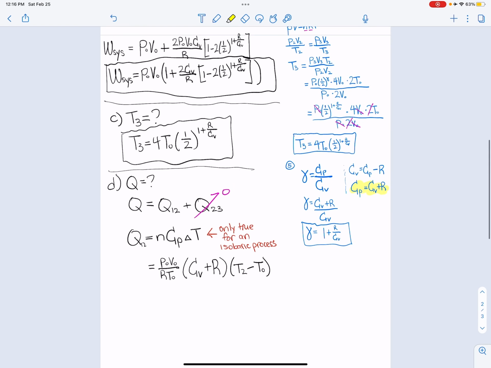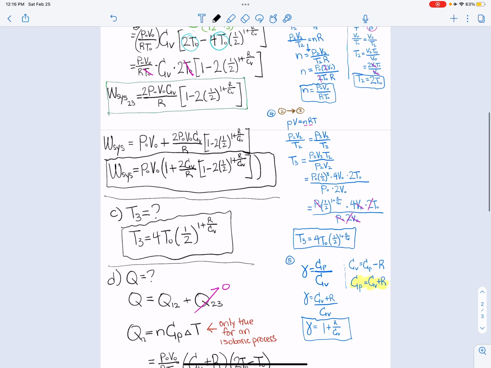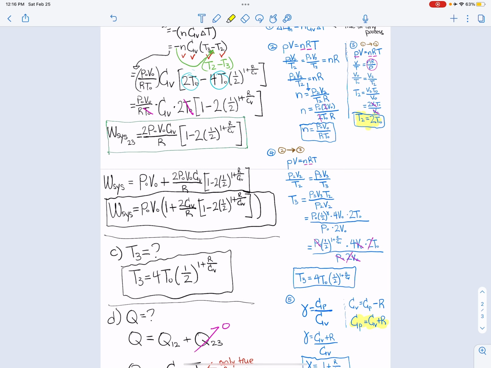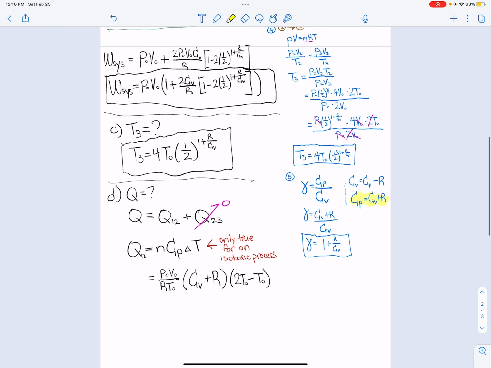So let's substitute that, 2T naught, because that is equal to T2. And we solved that in side mission number 2 up here. So this simplifies to 2 P naught V naught over R T naught times (CV plus R), and 2 T naught minus T naught just equals T naught.